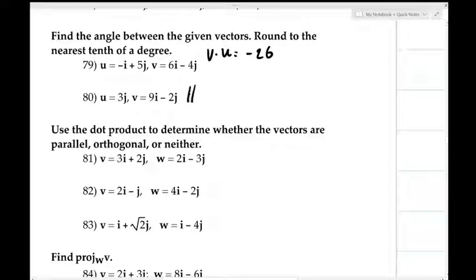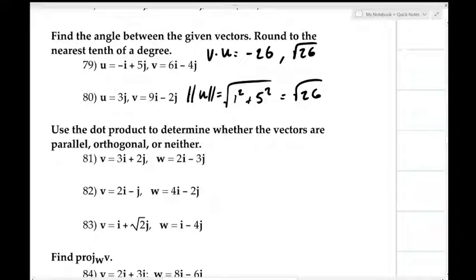Then we have to find the magnitude of u, which will be the square root of 1 squared plus 5 squared, which is square root of 26. So we'll keep that on the side, square root of 26.